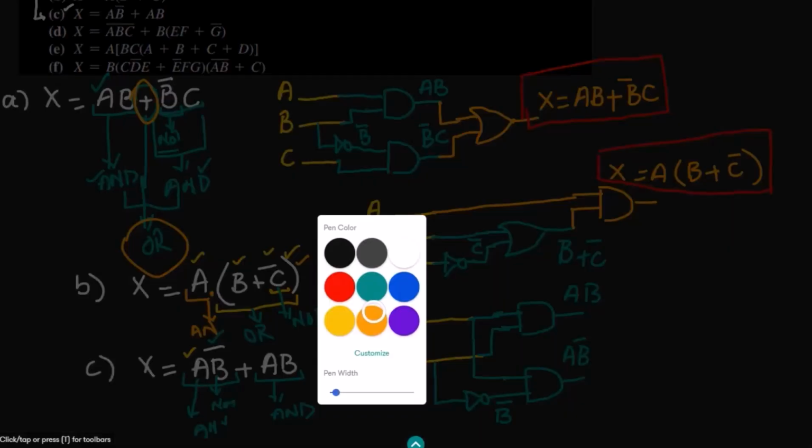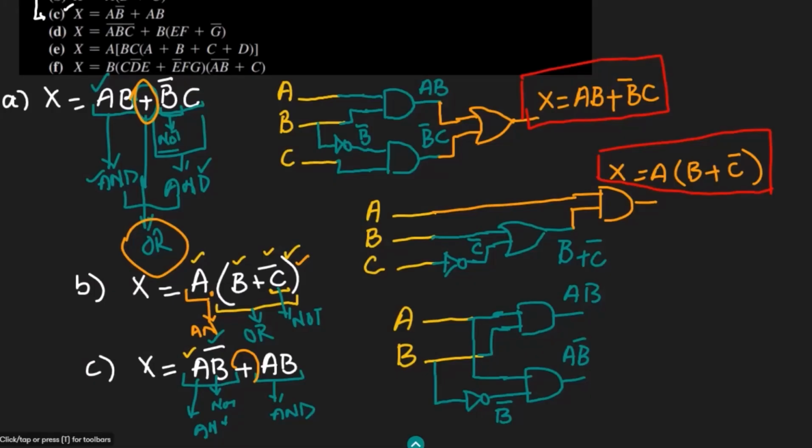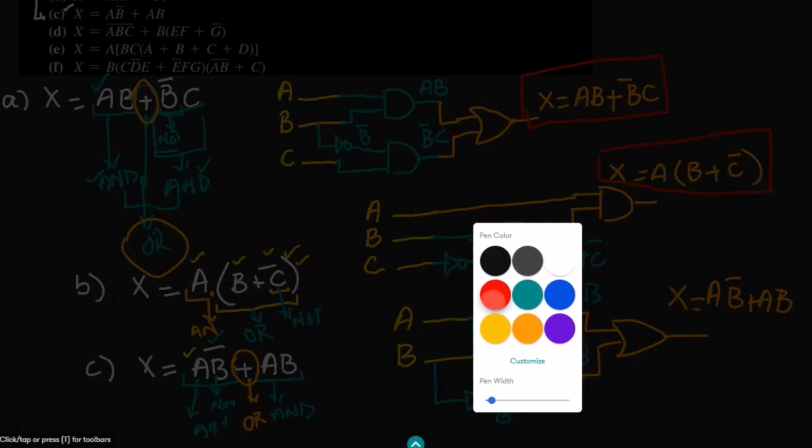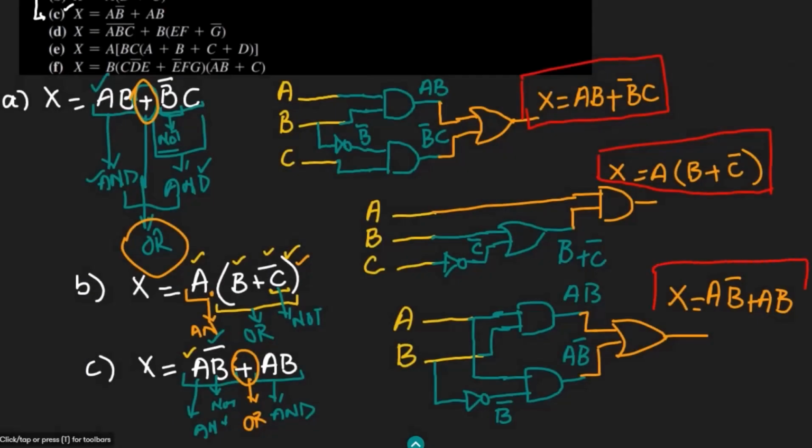After that, I have to combine them by using this OR circuit. The OR gate here will be like this one, with two inputs, and the output of it will be AB complement plus AB. This is the required output, and the circuit for it is also here, and this is the solution for part C.